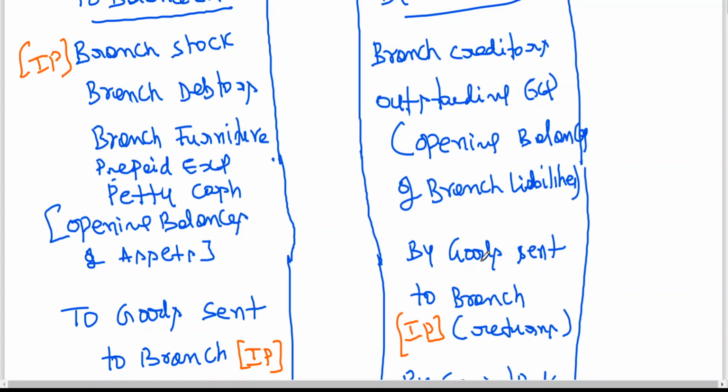To record loss: General P&L account debit to branch account.